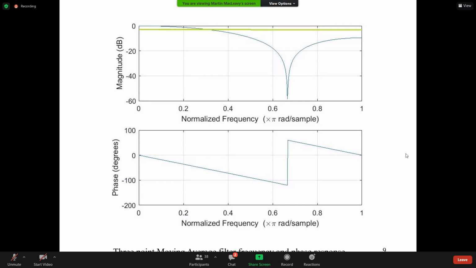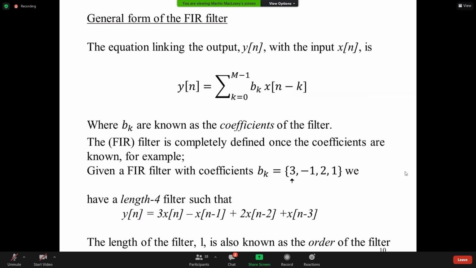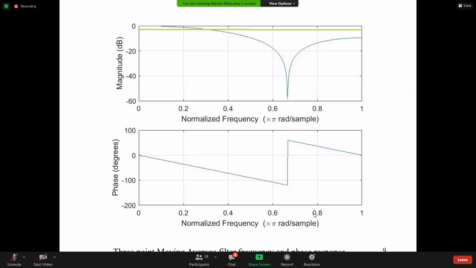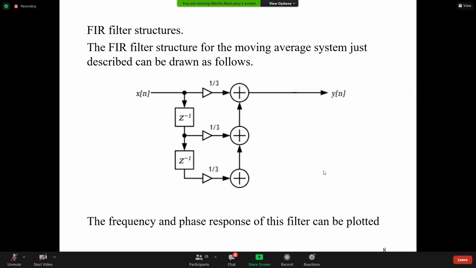It's just saying that even a simple filter structure like this is actually a working, workable, usable filter. Let me put it that way.